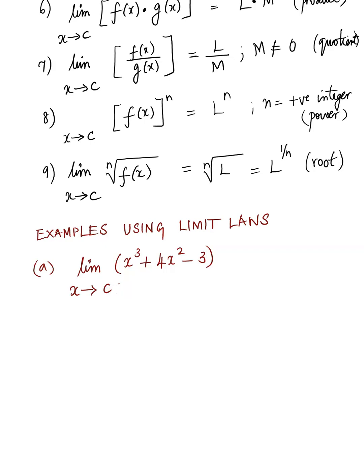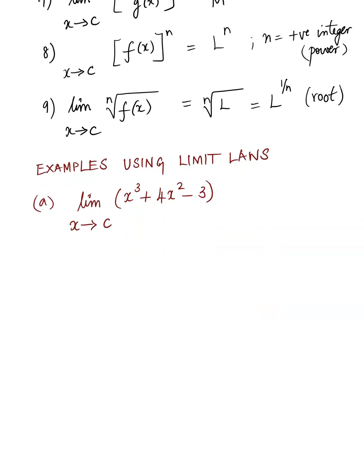Well, they gave us a value c, they didn't give us a specific number. So we want to understand that this can be done using the limit laws. So you could use a combination of laws.